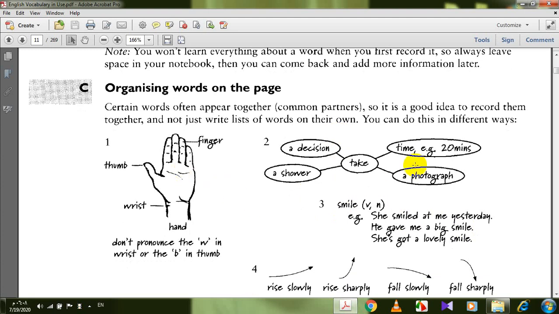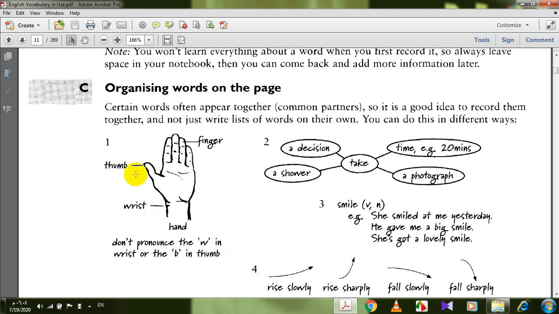This is another way, so you can make a tree diagram or spider tree. This is a tree diagram, and this is a picture of the hand. I mean finger, thumb, wrist. Don't pronounce the W in the wrist or the B in the thumb.